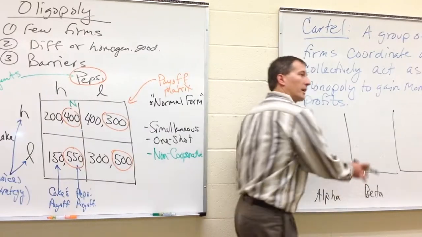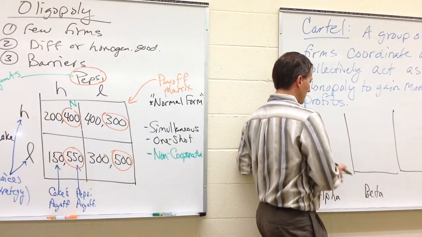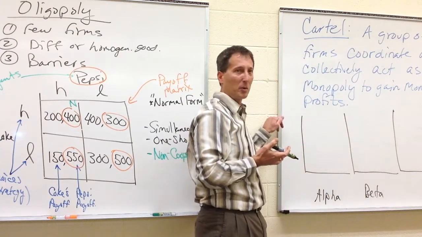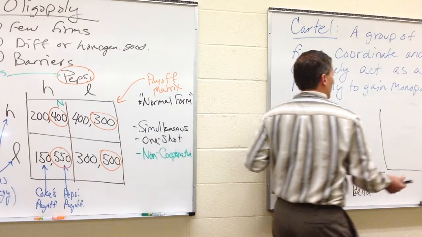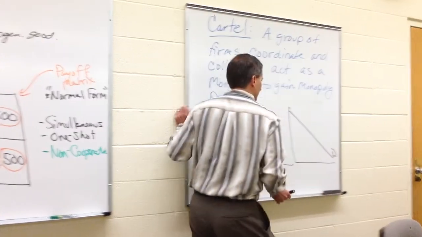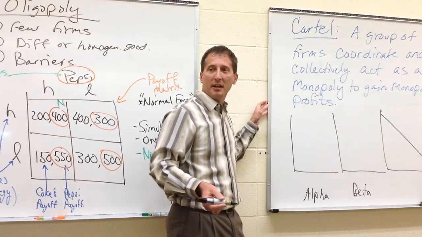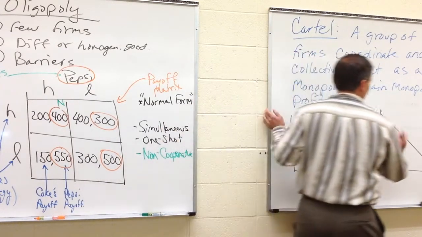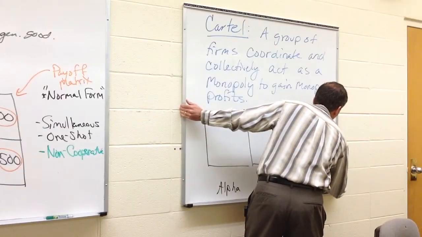And these two are going to get together to act as a monopoly so that they're not competing away all the good drug profits from each other. So there's a demand for their, what's our drug today? Give me a drug, any drug. Meth. So we got the market demand for meth down here.